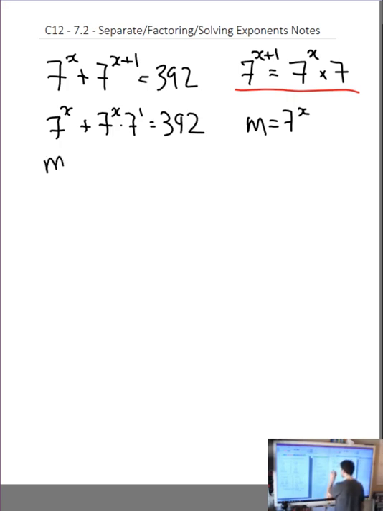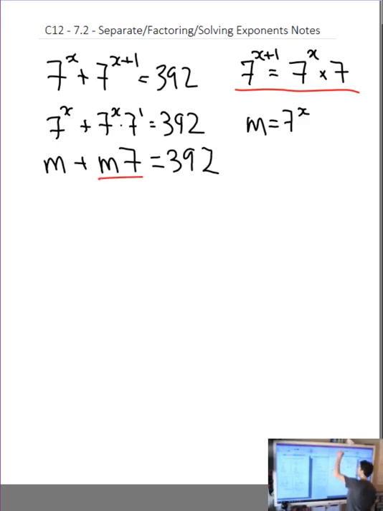Then I can replace 7 to the x with m, and we all know that m times 7 is just 7m, but I don't care. So what is 7m plus m?